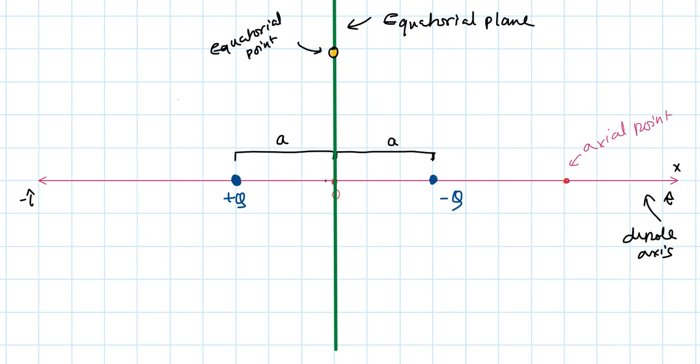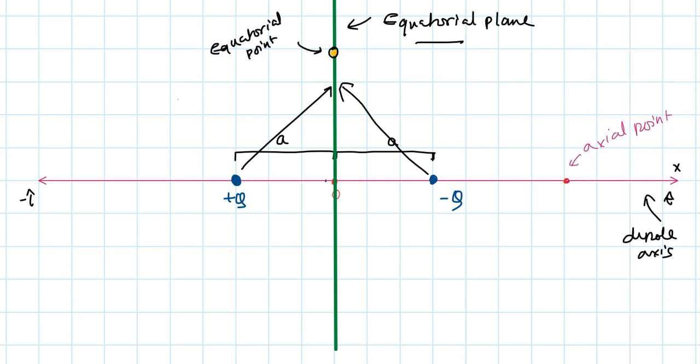See, there is one mathematical way to define the equatorial plane. It is actually all the points that are equidistant from both the charges. So you can generate the equatorial plane mathematically as the set of all the points.